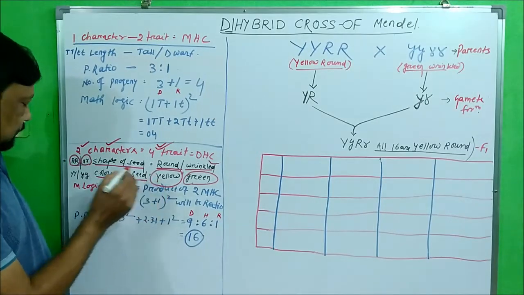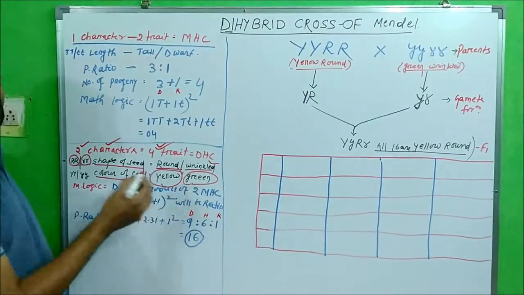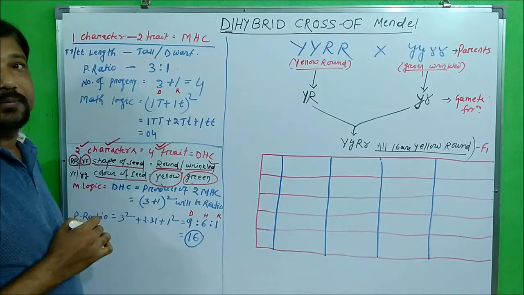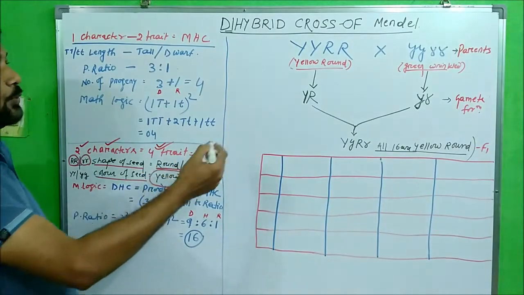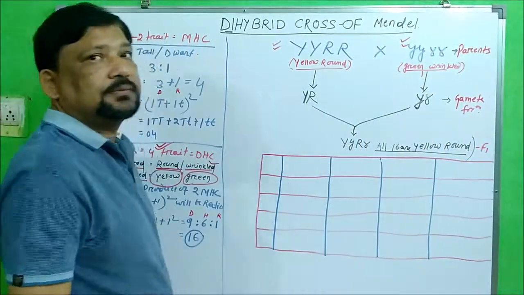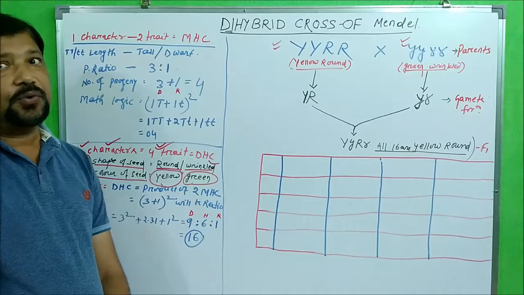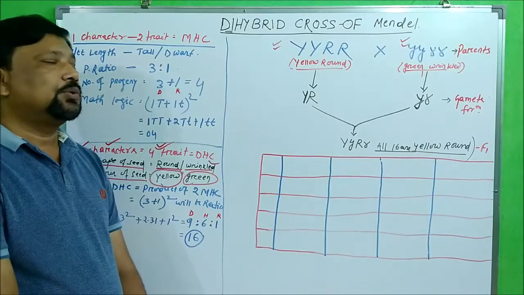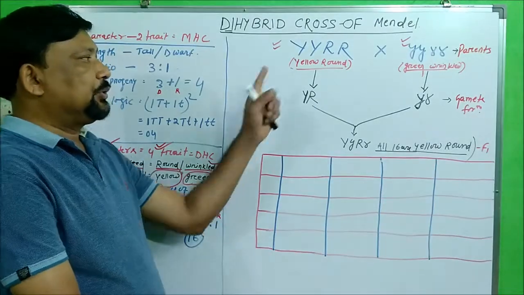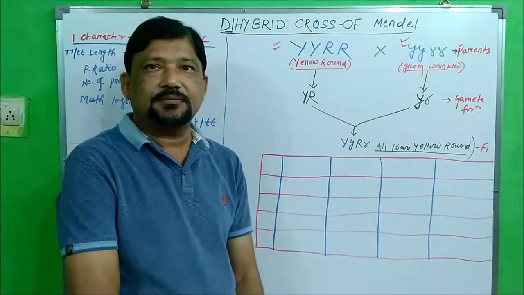Yellow is dominant, so capital Y. Green is recessive, so small y pair. Clear? So these are the two pairs of characters we have selected, and on these two characters and their 4 contrasting traits, we are going to do this hybridization experiment. As 2 characters are involved here, it is called dihybrid cross.